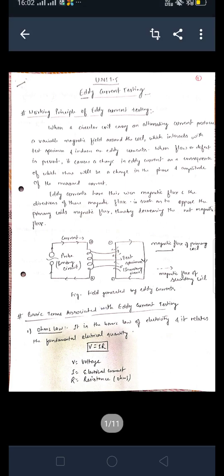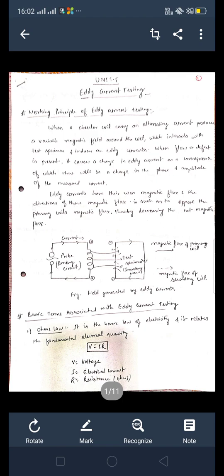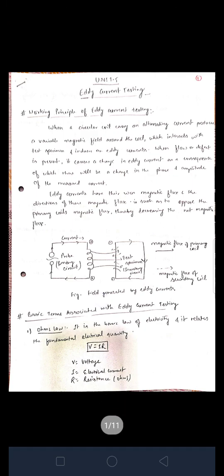We also discussed the methods for detection of defects in ultrasonic testing, the techniques used to find defects. There are two techniques: first the transmission method, and second the pulse echo method.